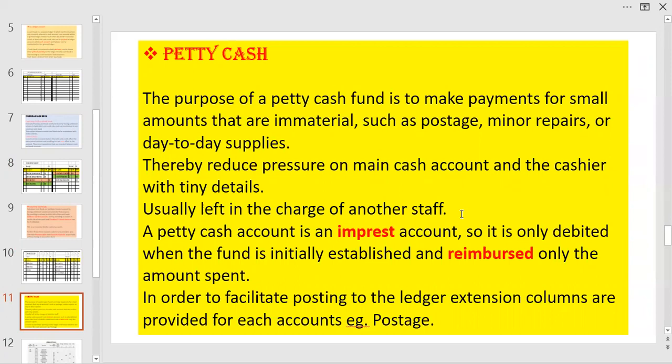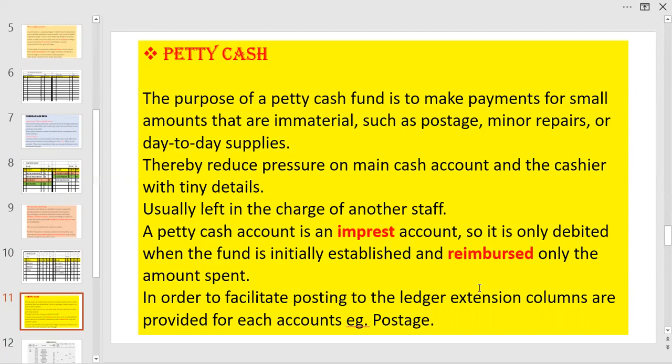To maintain petty cash, usually an imprest amount is fixed, an upper limit, and reimbursement is necessary. Only the amount that is spent will be reimbursed.